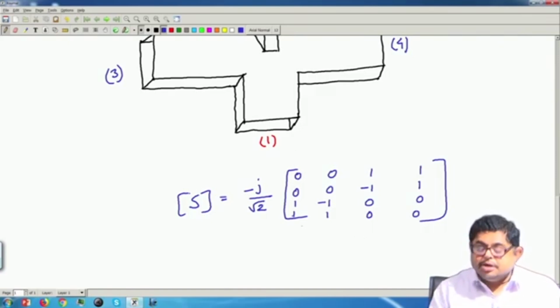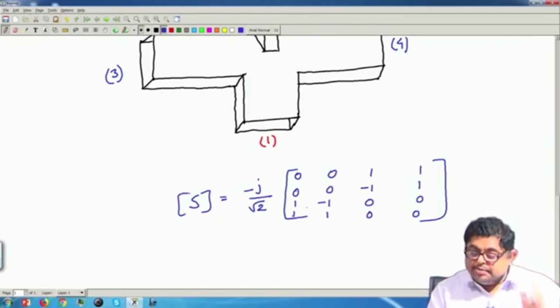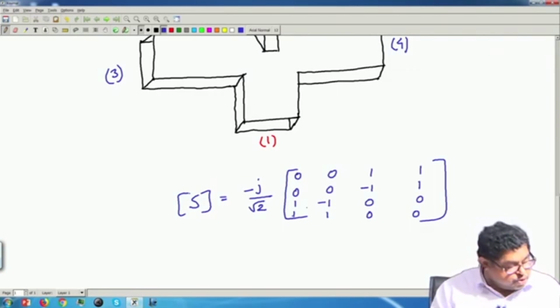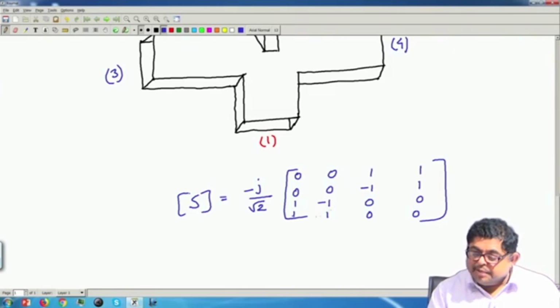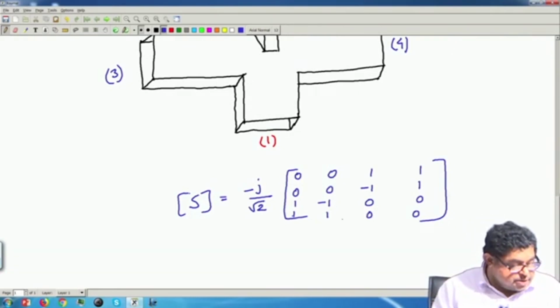If the signal is given to port 1, the signal at port 3 and signal at port 4 are in phase. So, we can say that if 2 signals are given simultaneously at port 1 and port 2, then their sum will appear at port 4 and their difference will appear at port 3.